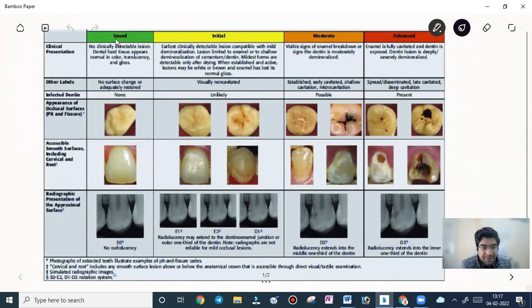So for the sound score, there will be no clinically detectable lesion, and the hard tissue appears normal in color. Whereas for the initial score, there is the earliest clinically detectable lesion with mild demineralization, the mildest form detectable only after drying.